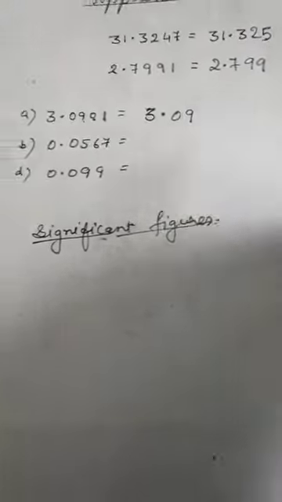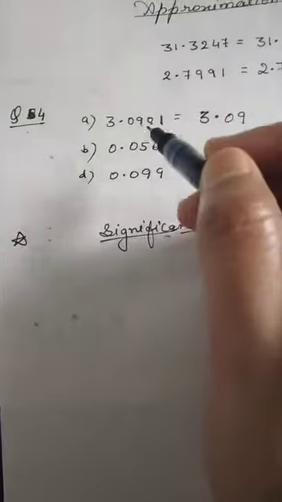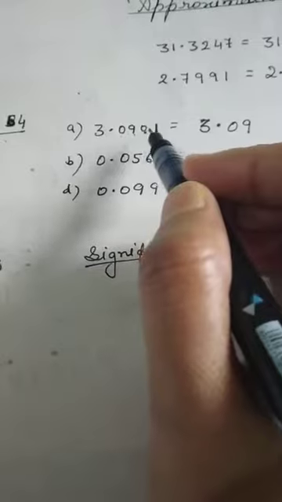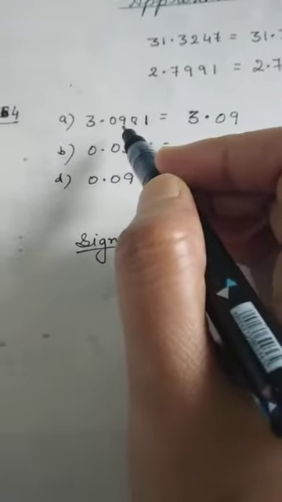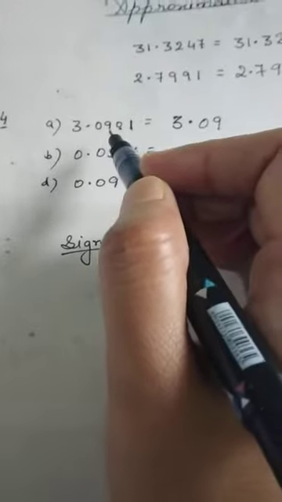Got it? So we have some more examples from your exercise 3.2, question number 4. 3.0901: you have to round off this number to the nearest hundredth place. In a decimal number, suppose 574.8673, this part is the whole part, and its places are ones, tens, hundreds.